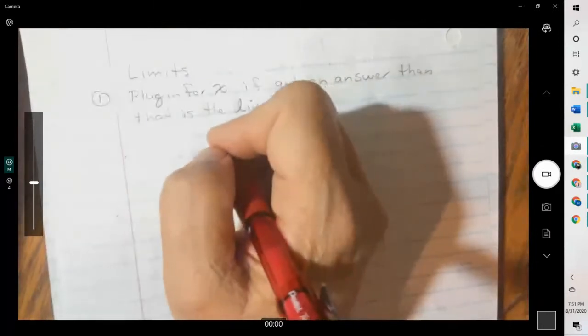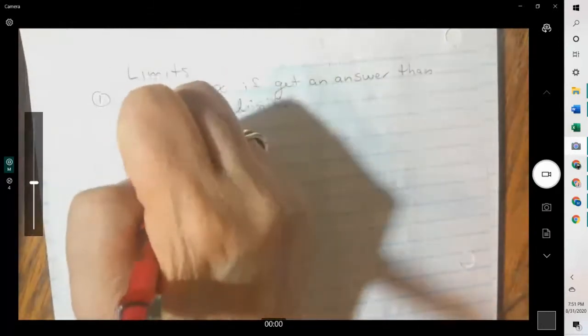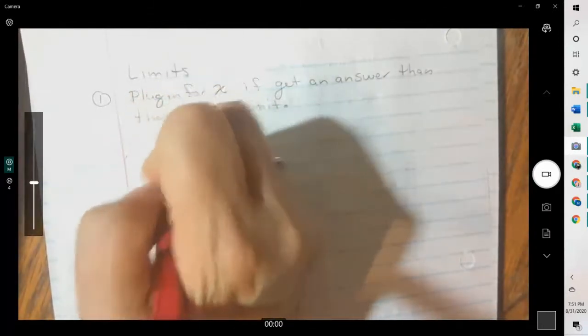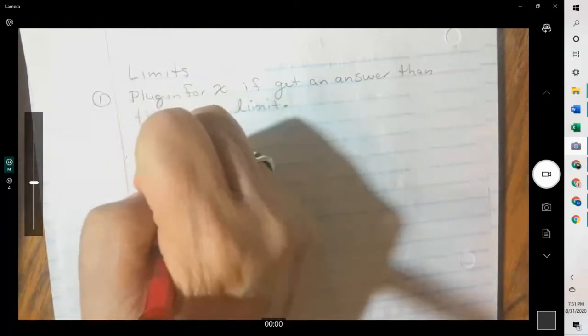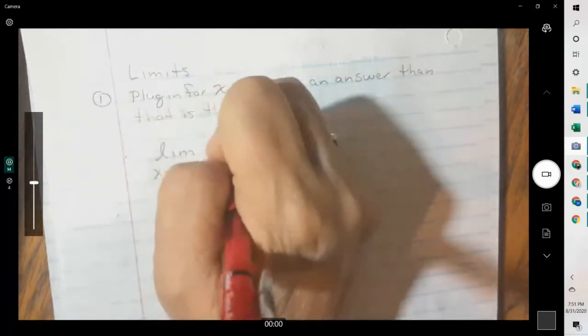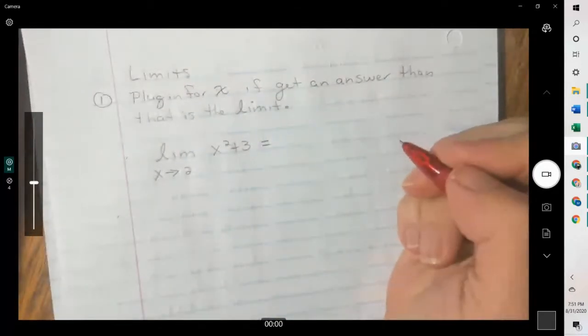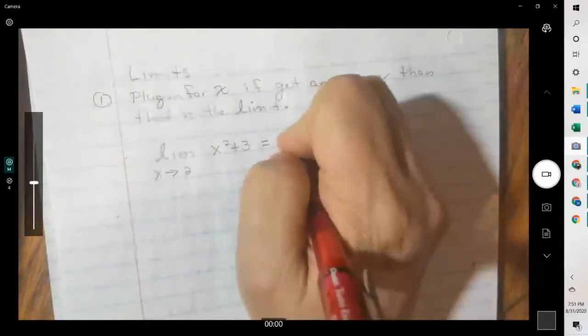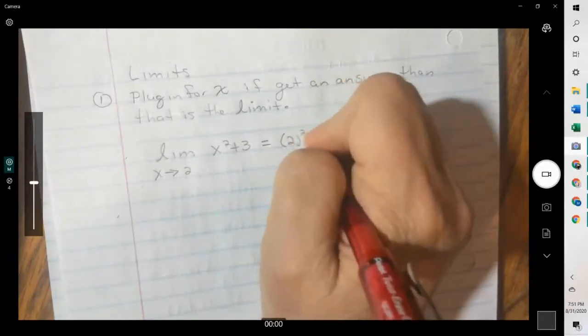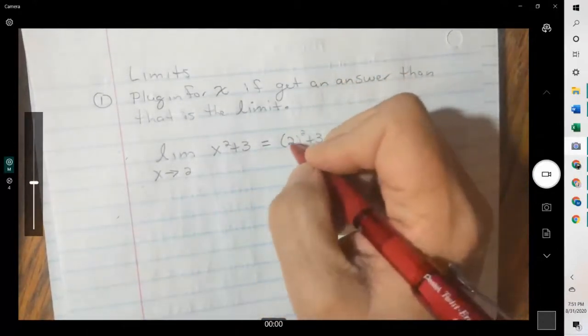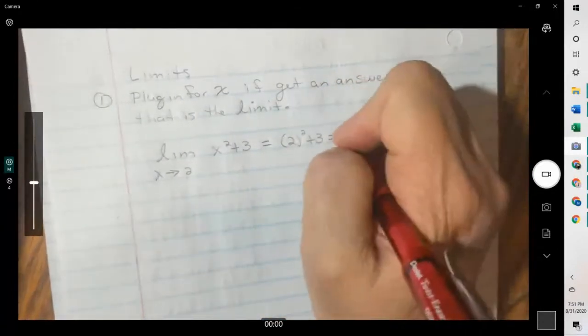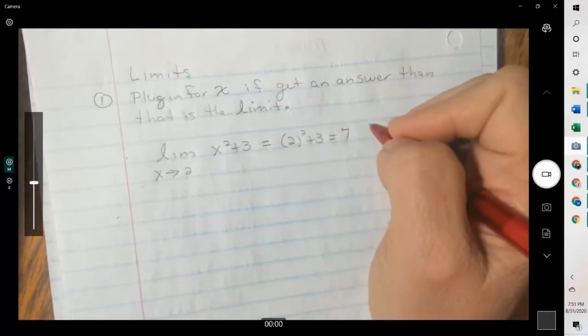Let's try one. If we have the limit as x approaches 2 of x squared plus 3, plug in 2, see what you get. 2 squared is 4, plus 3, 7. So our limit's 7.